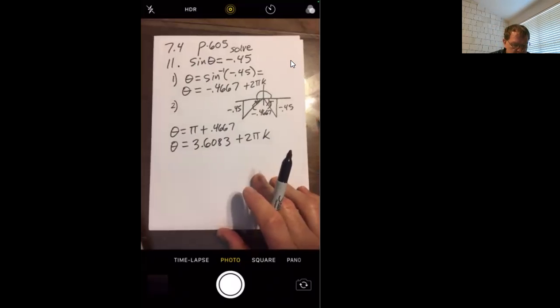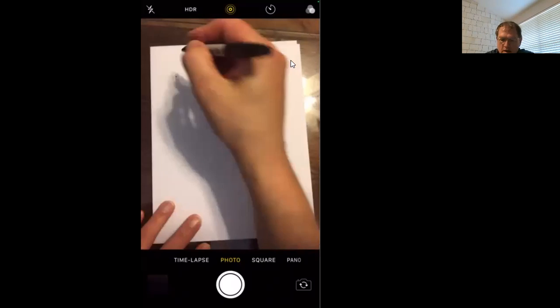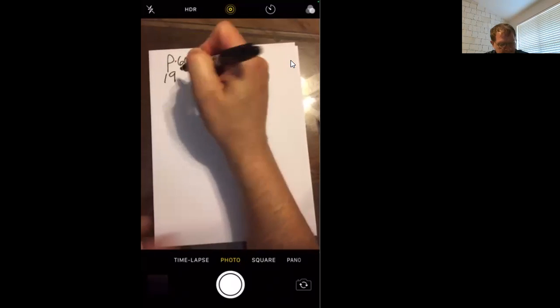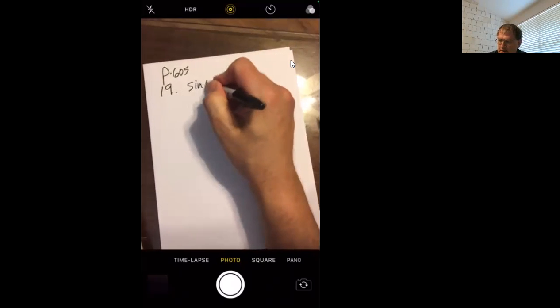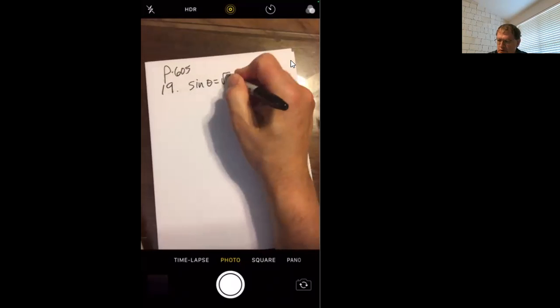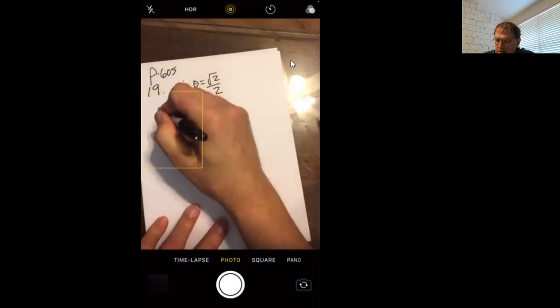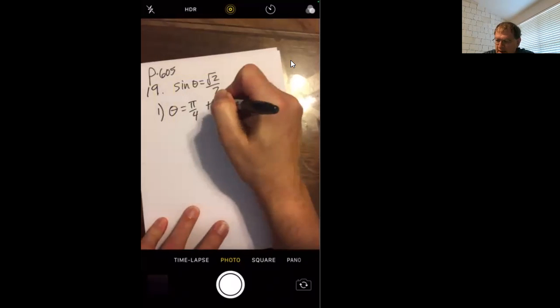Let's see. Why don't we try one like 19? That's off the circle. We're doing 605, number 19. Sine theta equals square root 2 over 2. So our first cut is that theta will be pi over 4, and we'll add 2 pi k.